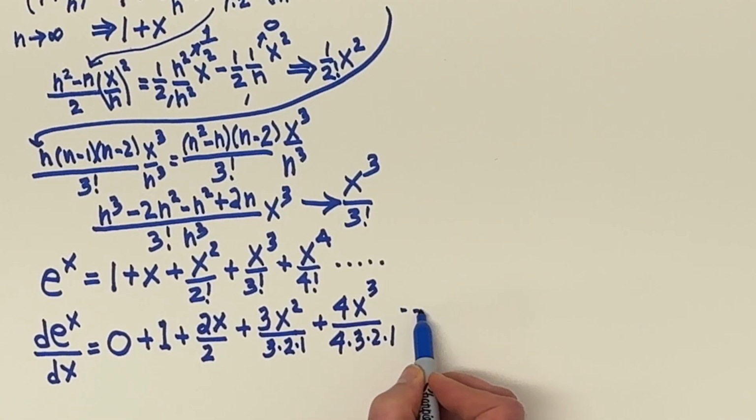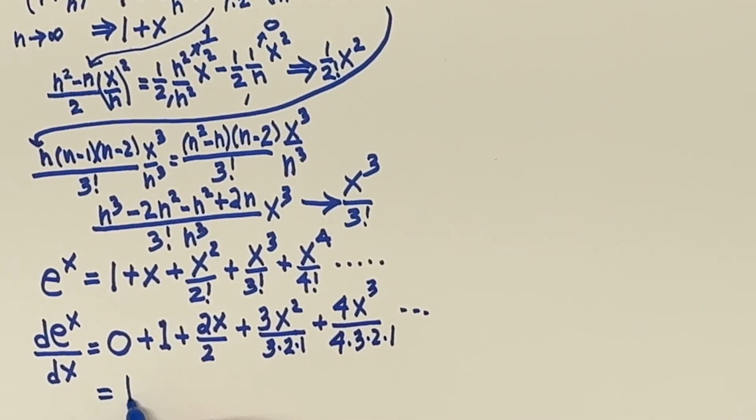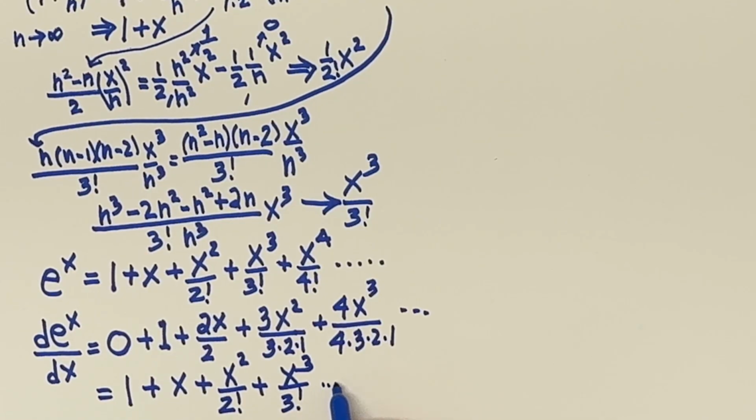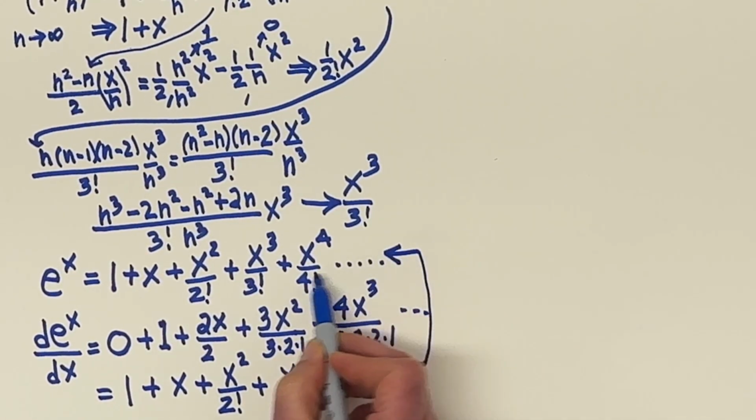Now look what happens here. You get 1 plus x plus, the 3 cancels, you have x squared over 2 factorial. Here the 4 cancels, you have x cubed over 3 factorial. And this is the same.